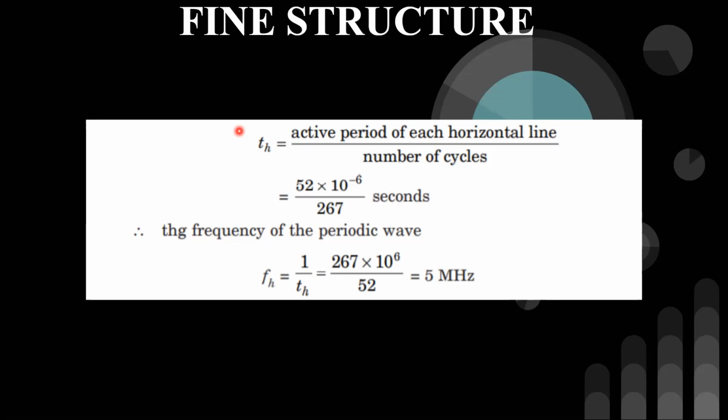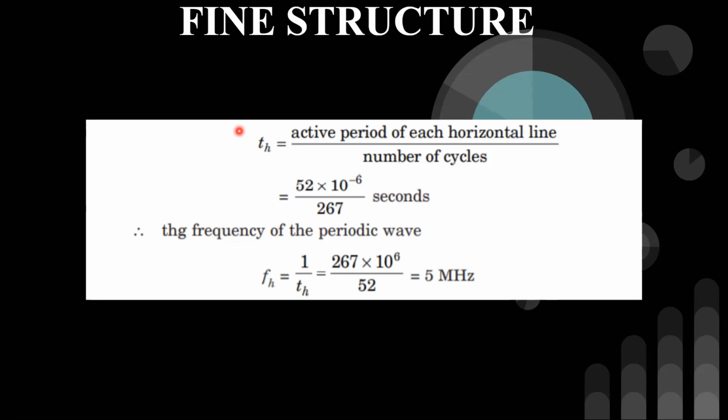So from this slide, you are able to calculate the total time period. What is the formula for the total time period? The ratio of the active period of each horizontal line to the number of cycles.